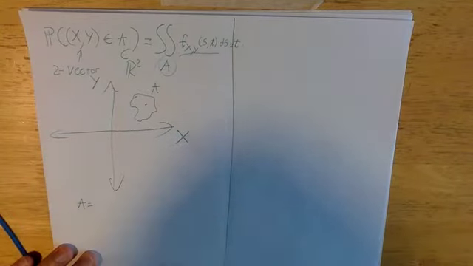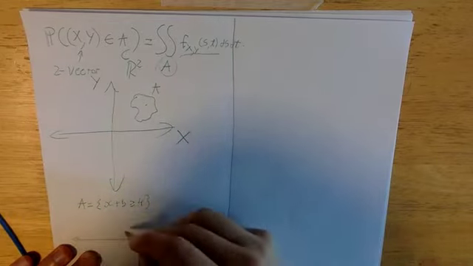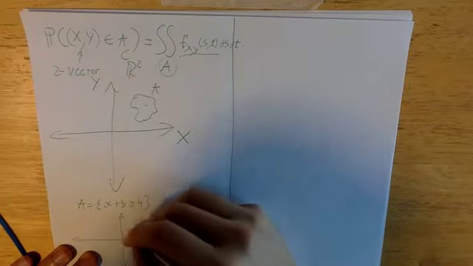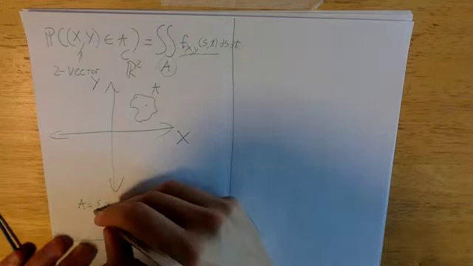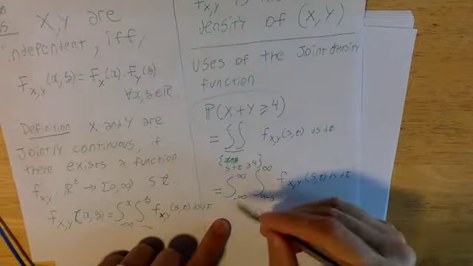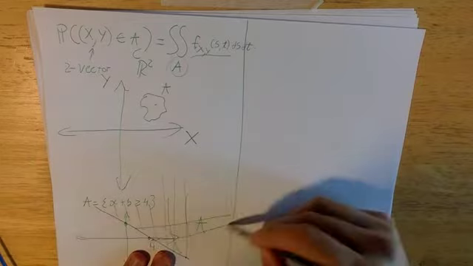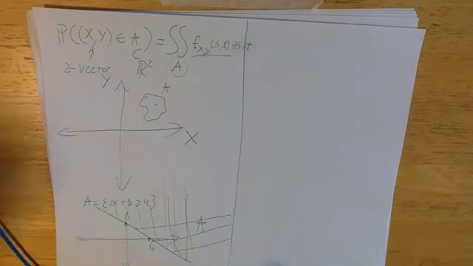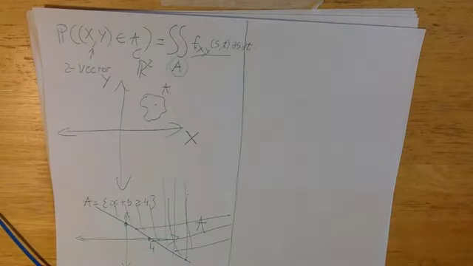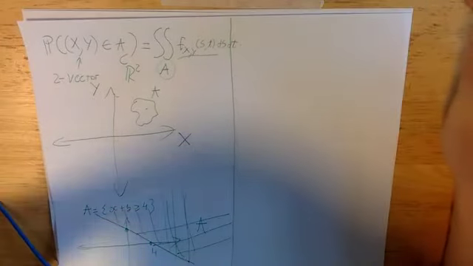So in the case that A is X plus Y bigger or equal than 4, if this is 4, this is 4, this is the set A, and the set A can then be written as the integrals over these lines, like this, or we can flip the integral signs and integrate it like this, or you can integrate it over lines like this, whatever you want.